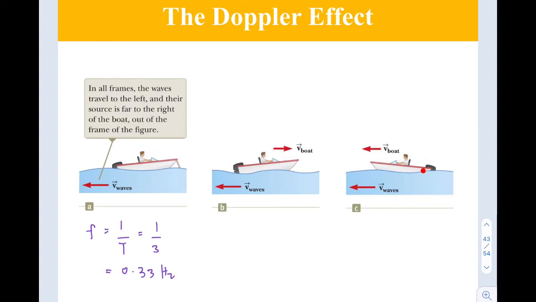Therefore, you observe a lower frequency than when you were at rest, in comparison to case A. This effect occurs because the relative speed between your boat and the wave depends on the direction of travel and on the speed of your boat as well.